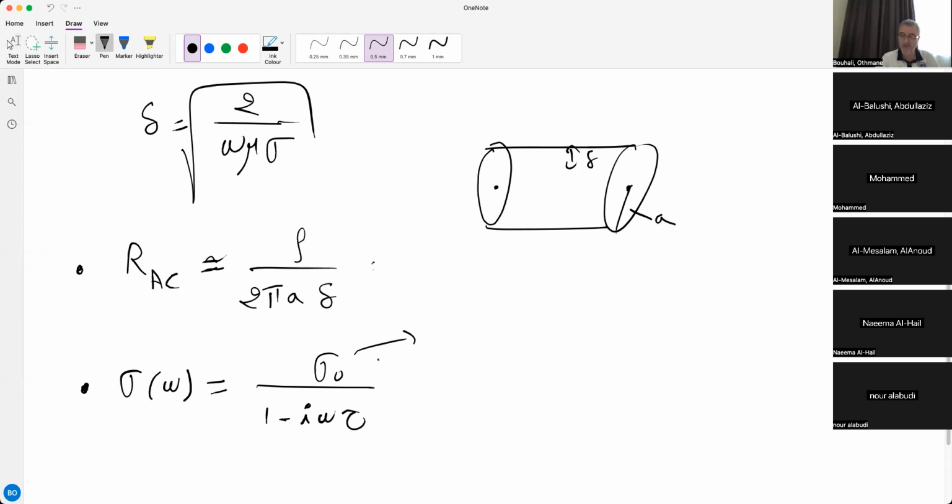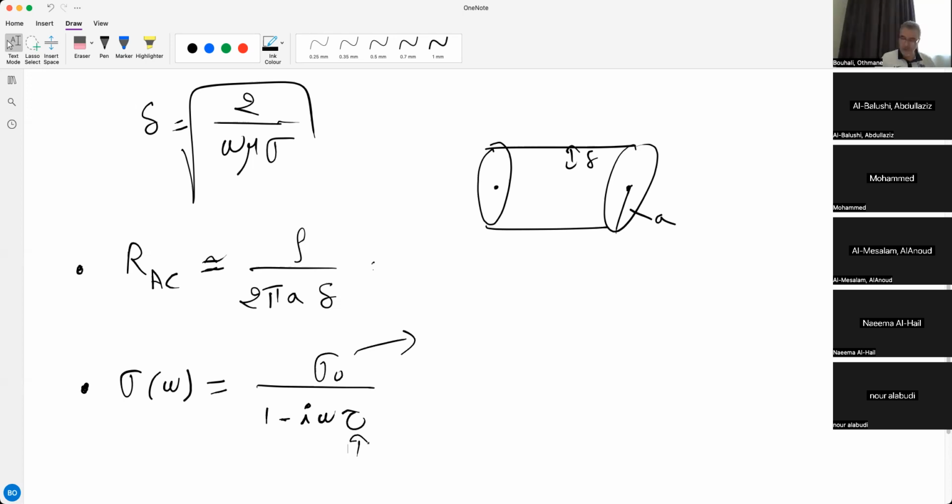Here sigma 0 is the intrinsic conductivity, which is the DC conductivity when there is no electromagnetic wave or AC current propagating through the material, and tau is the collision time, or the relaxation time.